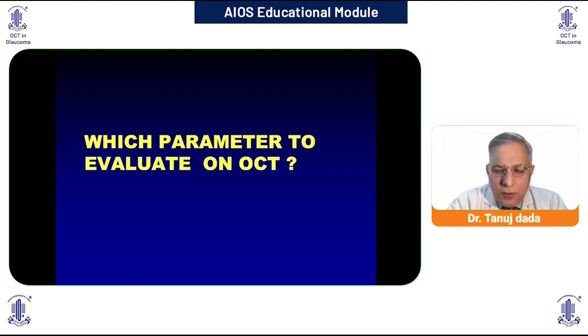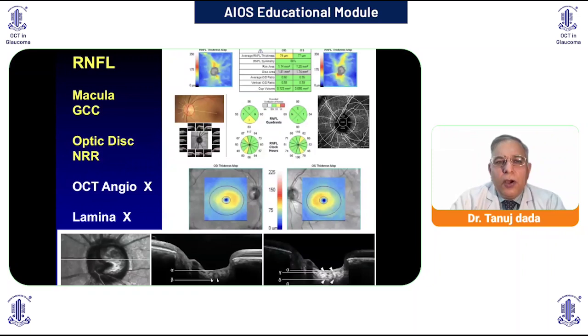The next important question is which parameters to evaluate on the OCT. You have a lot of parameters available: the retinal nerve fiber layer, the macula thickness, the ganglion cell complex, the optic disc neuroretinal rim. You also have the OCT angiography, peripapillary macula, and lamina cribrosa imaging.